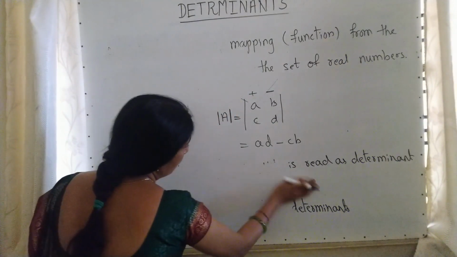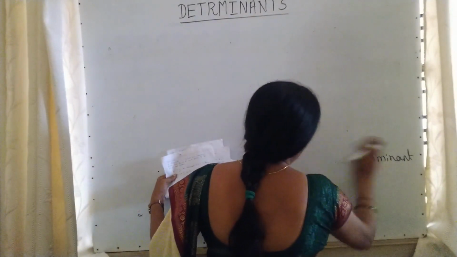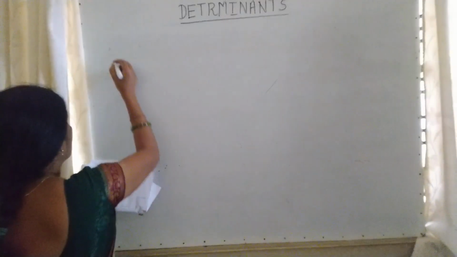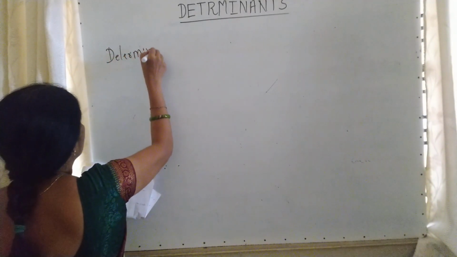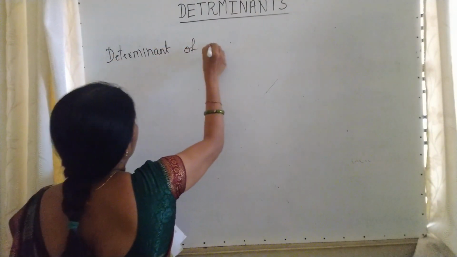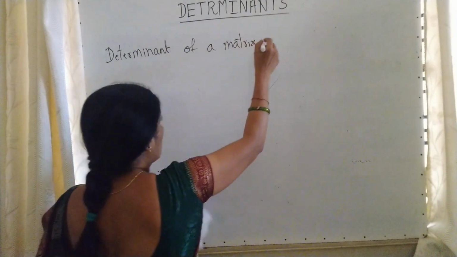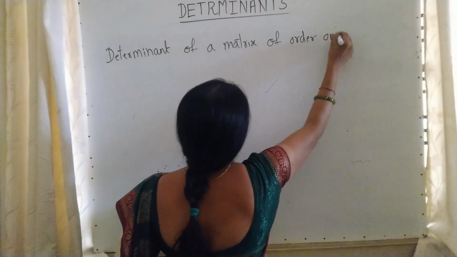First one, a determinant of a matrix of order 1. Order 1 means it contains only one element, one row, one column. So determinant of a matrix of order 1.